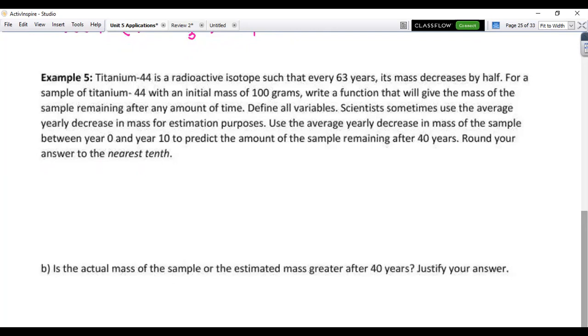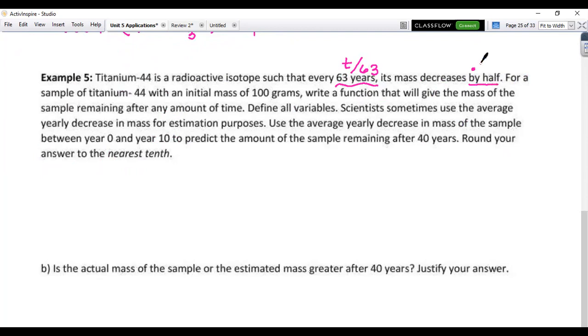So you're given that titanium-44 is a radioactive isotope such that every 63 years, I'm going to stop. We did this yesterday. What does this mean I do in my exponent? Perfect. T divided by 63. Its mass decreases by half. What do I use?